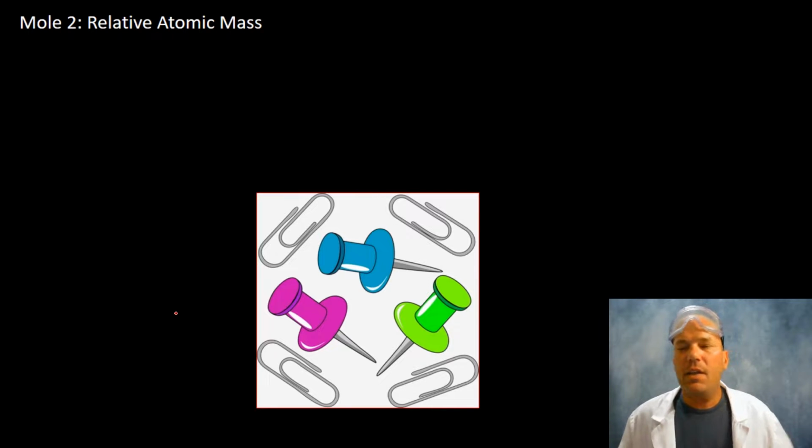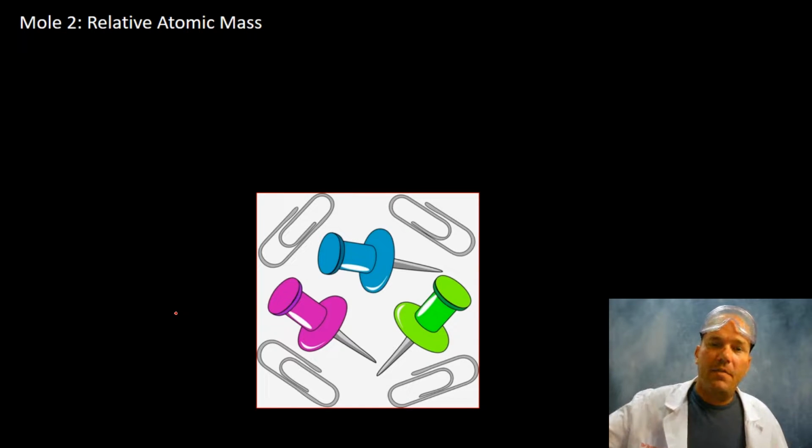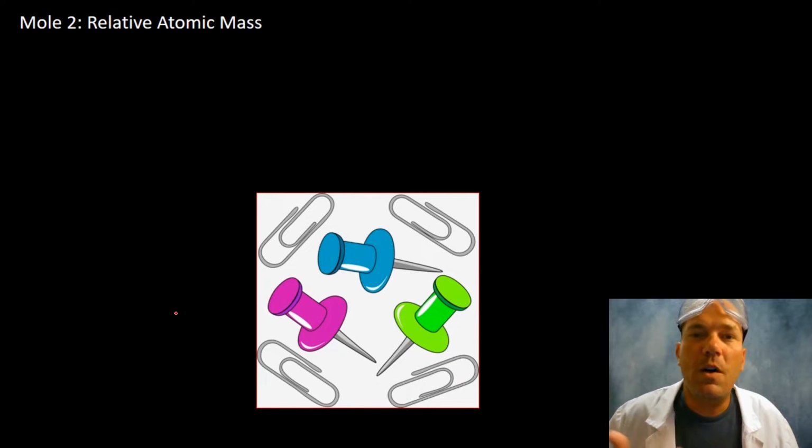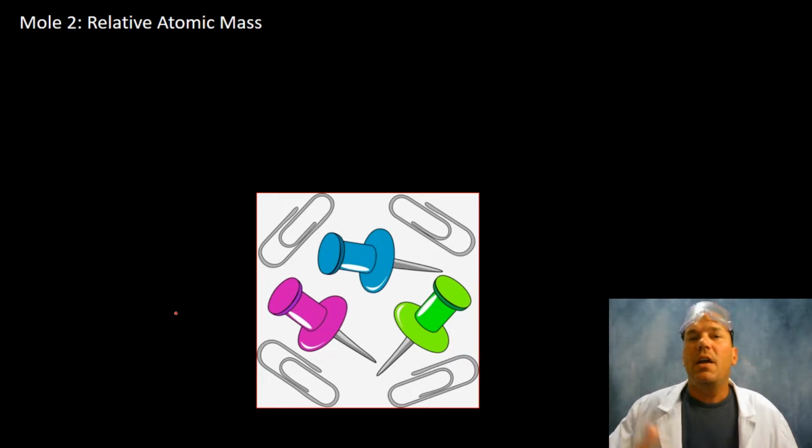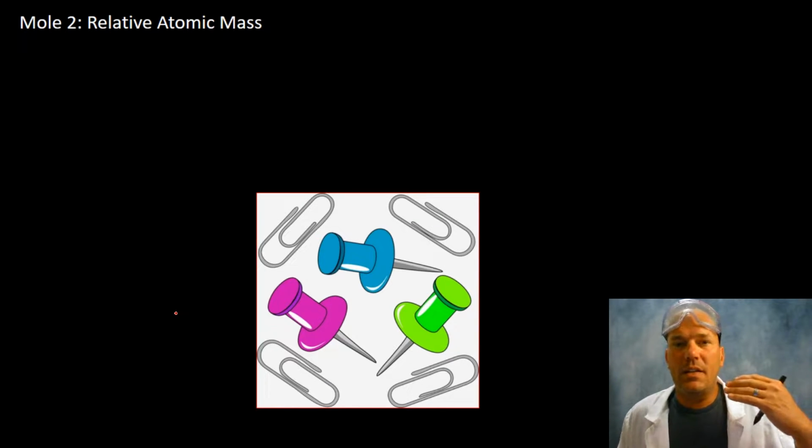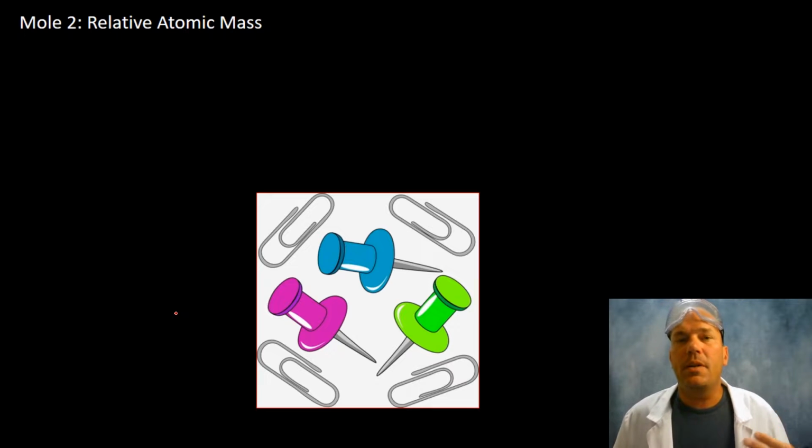So let's pretend you find out that the ratio of thumbtacks to paper clips for 100 individual items of each is 1.25. In other words, thumbtacks are 1.25 times greater in mass than the paper clips.